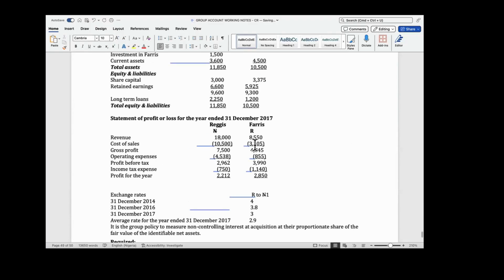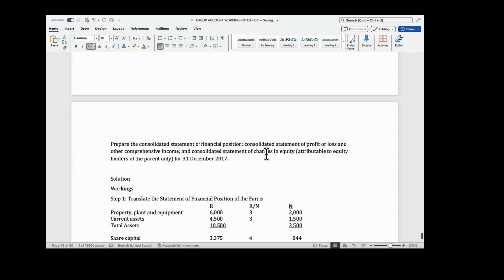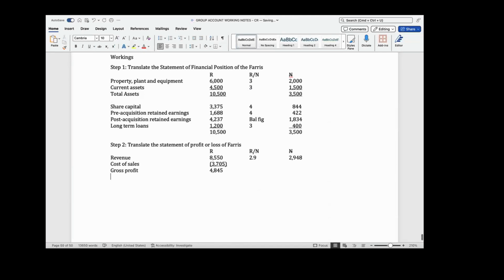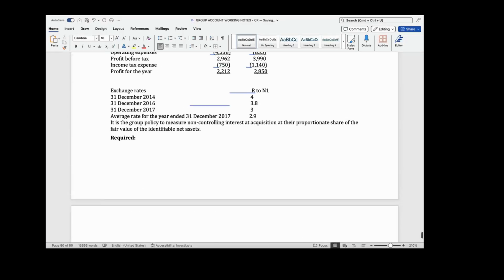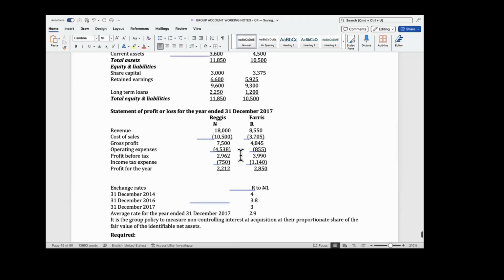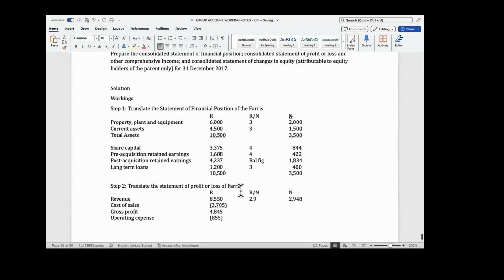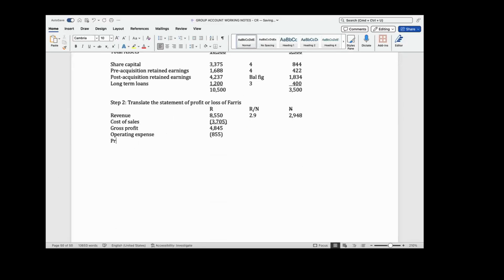So I have my operating expense 855. And I have my profit before tax 3990.